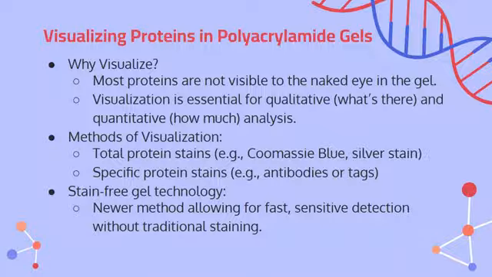There's the total protein stain, so we can use a silver stain or a Coomassie blue, and then we have a specific protein stain, and these can be antibodies or tags that go in and target a specific protein. We also have stain-free gel technology, which is a newer method that allows for fast, sensitive detection without traditional staining.